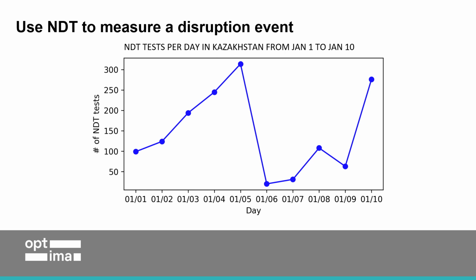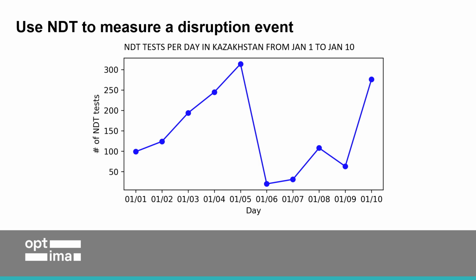I am the data scientist for Measurement Lab, and in this module, I wanted to talk more specifically about how NDT and MLab could be useful during a disruption event to collect data around its occurrence. In general, our data can be quite useful in any data set that spans across time to measure a disruption event because by definition, a disruption is something that is diverging from the norm of how a network usually operates.